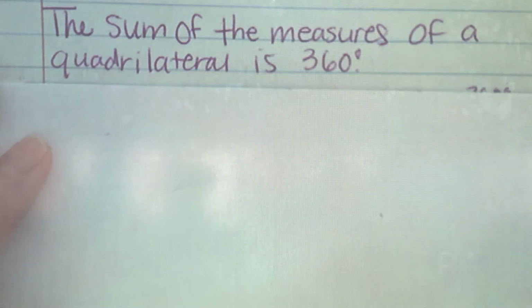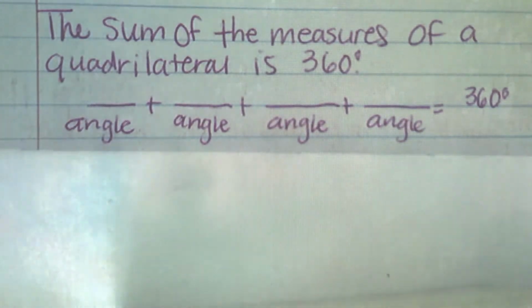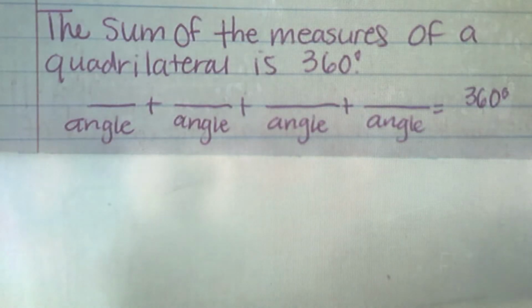If I added up the angles of the trapezoid, or the square, or the parallelogram, or the rhombus, or the rectangle, it doesn't matter what the shape is. Every single time we measure a quadrilateral, angle plus angle plus angle plus angle is always going to equal 360 degrees, no matter what.